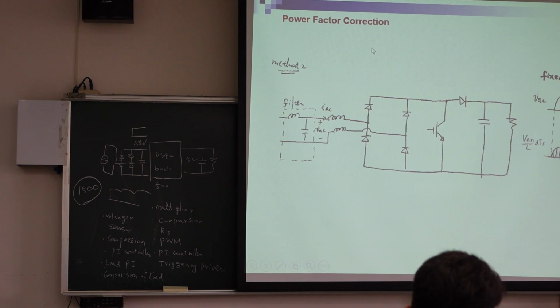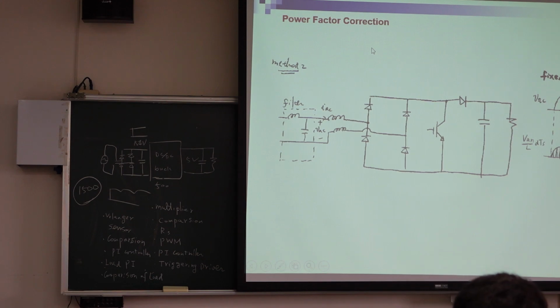So I use discontinuous mode. When I reach 0, then I turn on again, then turn on again. So I have this kind of IG.